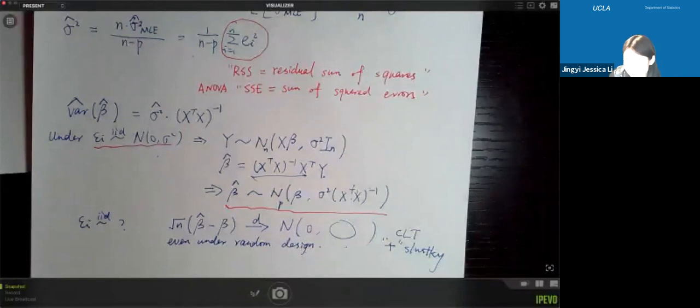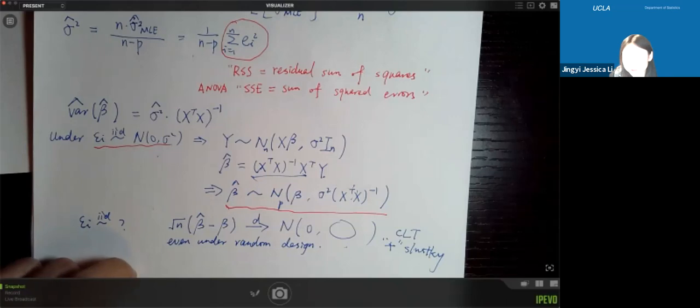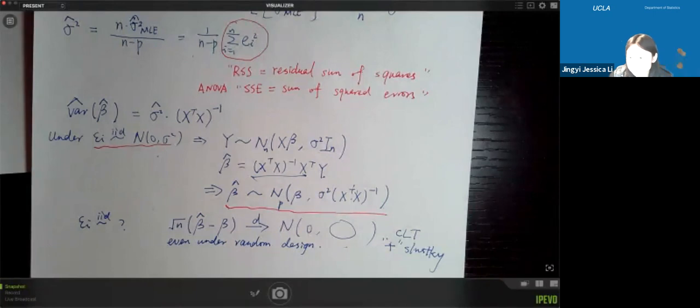But one more thing is to read it backwardly. This can actually justify why the normality assumption is so widely used and why people think it's reasonable. I would say the central limit theorem plays a key role. Because the central limit theorem tells us, okay, if our statistic, like beta hat, can be written as some form of average of independent random variables, then we can use the central limit theorem to have an asymptotic normality.